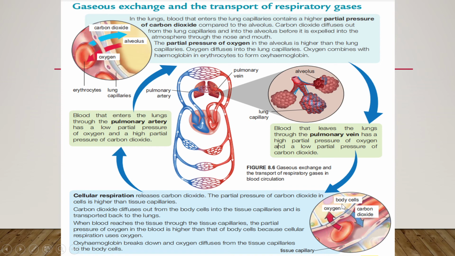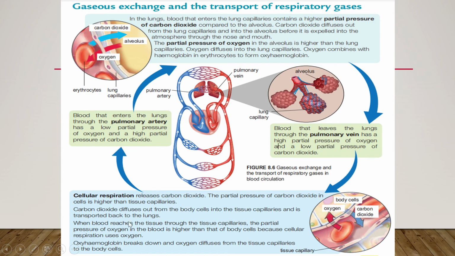Again, carbon dioxide will diffuse out of the body cells into the tissue capillaries, and then it will be transported back to the lungs. Later on, we are going to look at how this carbon dioxide is transported. There are three ways of transportation.